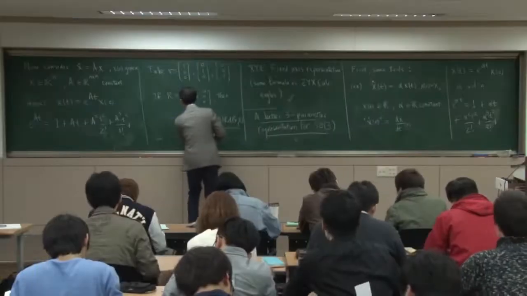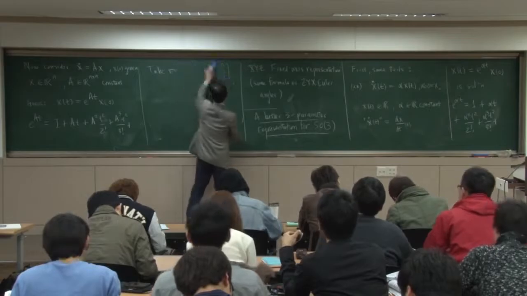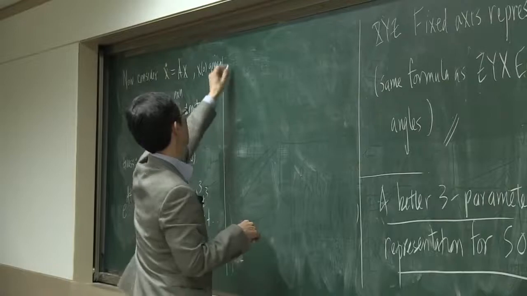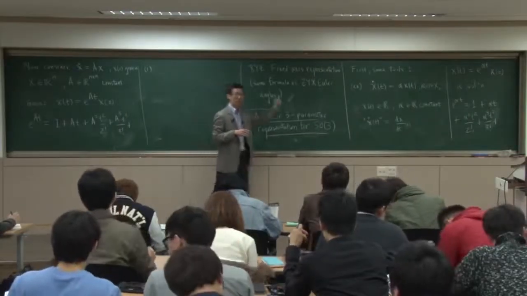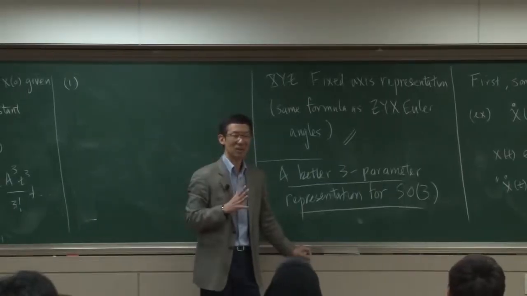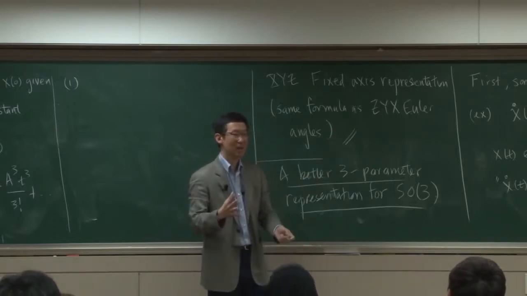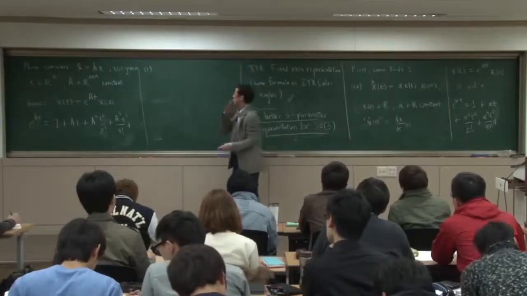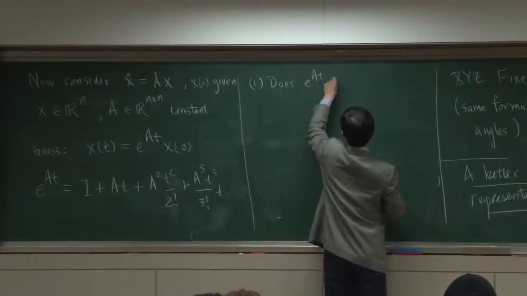Now I have to ask some questions here. The first question is, when you see a series, what's the first thing you have to ask yourself? Does it converge? Does it blow up to infinity or does it converge? We know that in the case of the exponential, it always converges. So here, does e to the At converge?